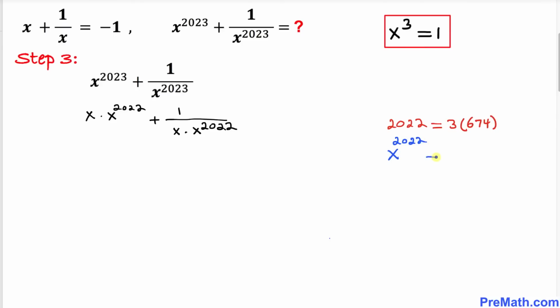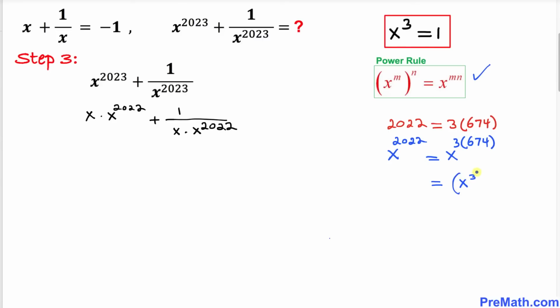Therefore, we can write x to the power 2022 as x to the power 3 times 674. Now we are going to use this power rule. So this can be written as x to the power 3, and then to the power 674. Now let's focus on this x to the power 3.